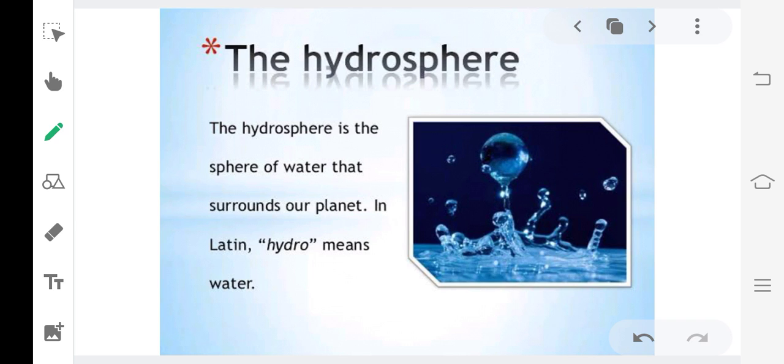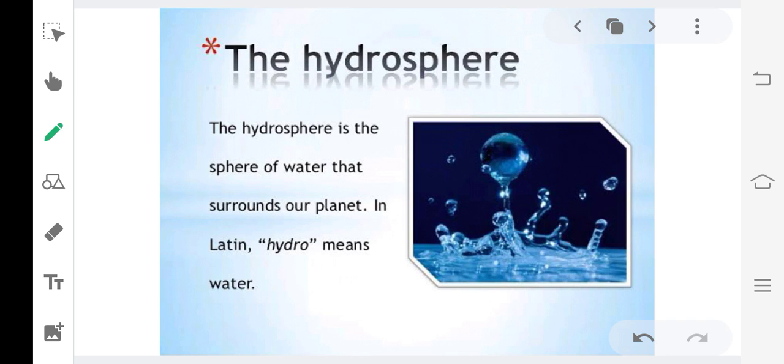Next, the hydrosphere. The domain of water is referred to as hydrosphere. It comprises various sources of water and different types of water bodies like rivers, lakes, seas, oceans, etc. It is essential for all living organisms.